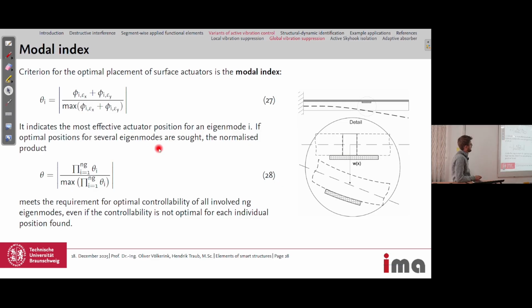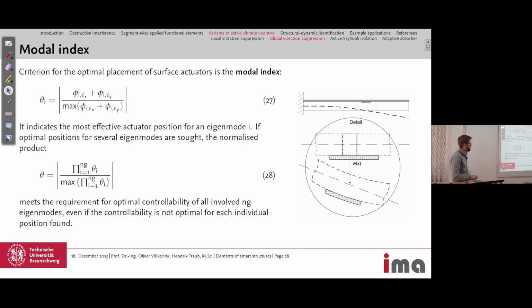And if we want to have a look at several eigenmodes with several actuators, then we can simply use the product. Here in the denominator we have the product of the maximum surface strains for the individual eigenmodes. So we use all eigenmodes we want to suppress in this product. And here we have again the actual surface strain where we would place the actuators, because in real structures we are not able to place all actuators in the optimal positions.